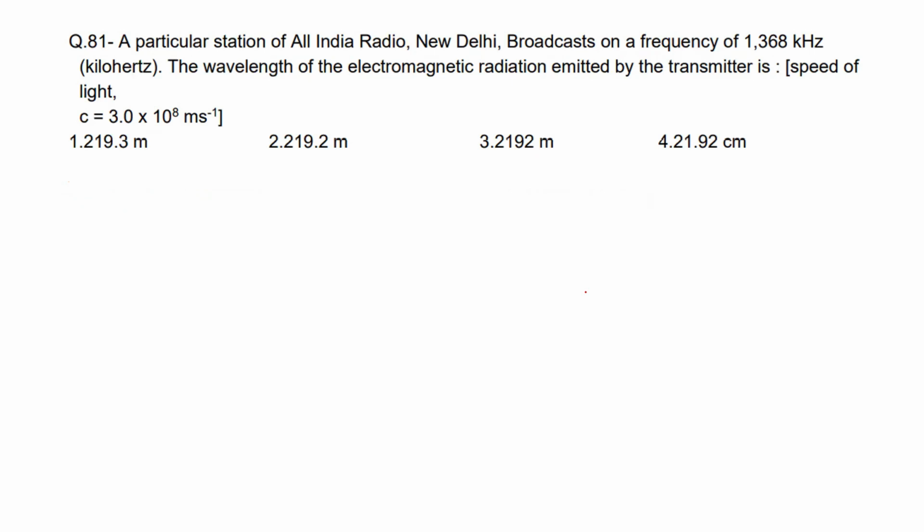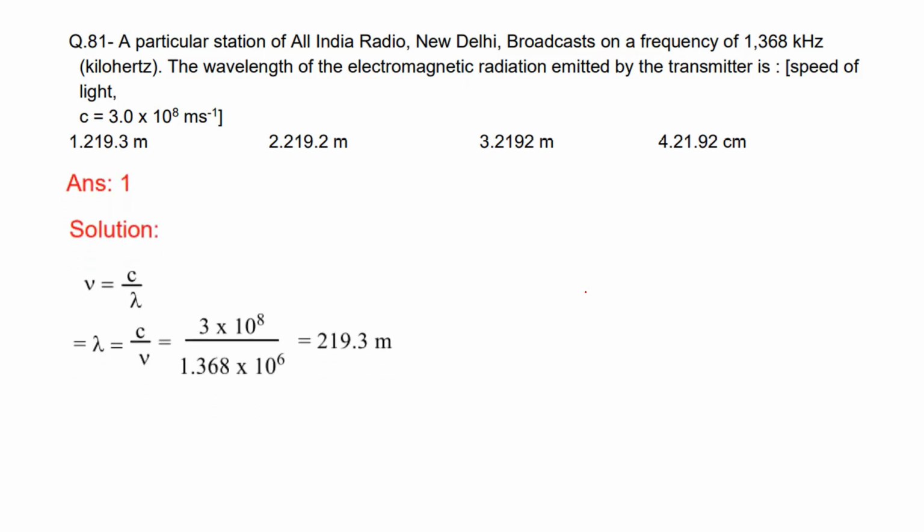So the frequency is given and the wavelength is asked. Frequency equals c by lambda, so wavelength is c by frequency. If you calculate, option 1 is coming. So 219.3 meters will be the wavelength of that particular radiation. So for question number 81, option 1 will be the right answer.